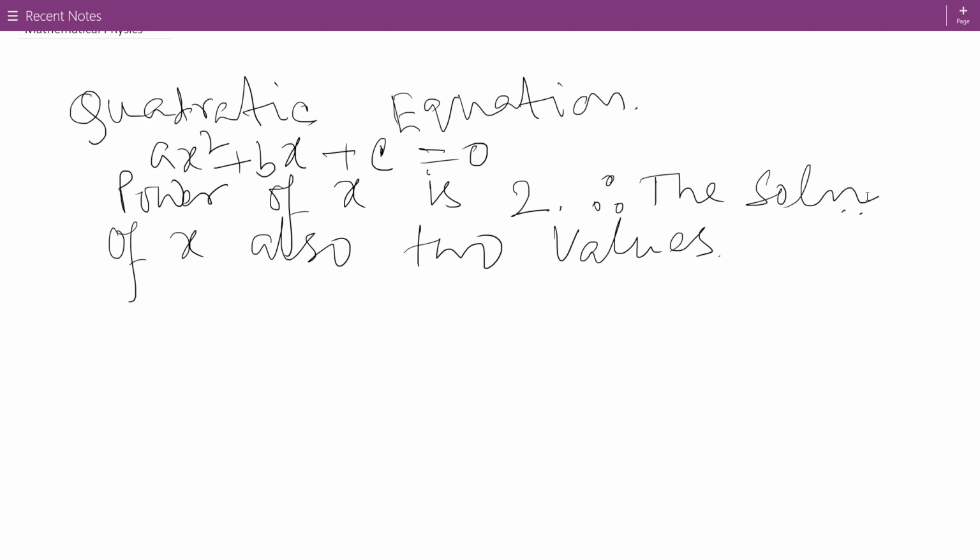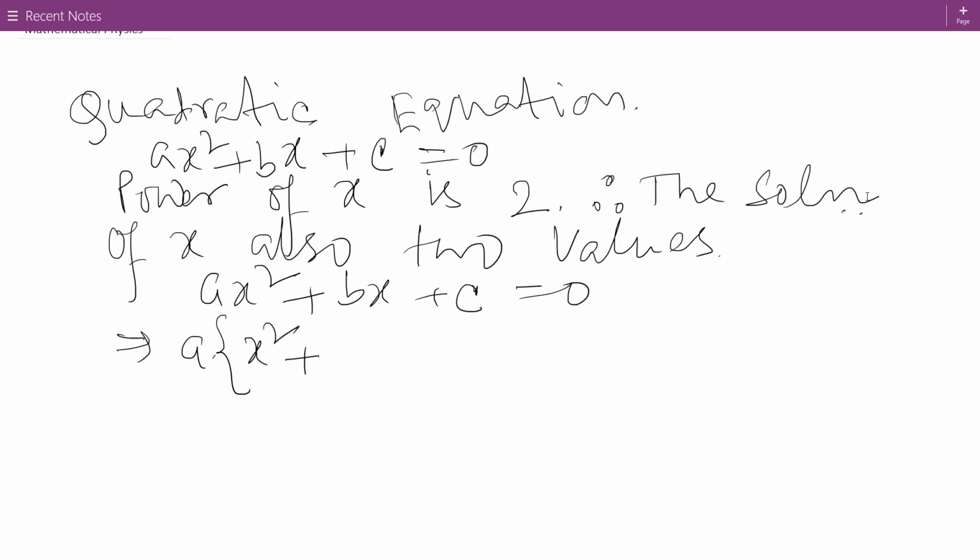First, we write the expression ax square plus bx plus c equals to 0. X is a variable, a, b and c are constants. A is common, so x square plus b by a into x plus c by a equals to 0.